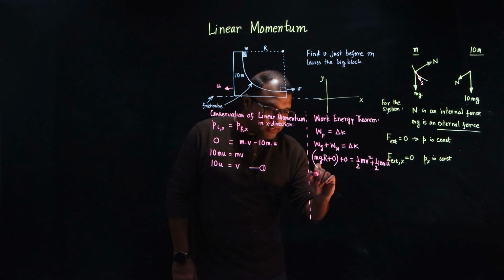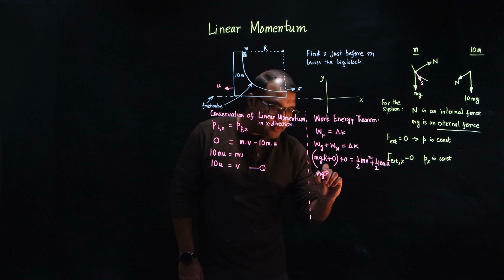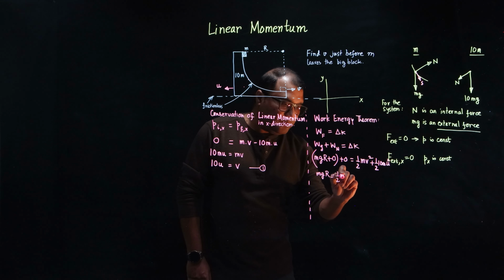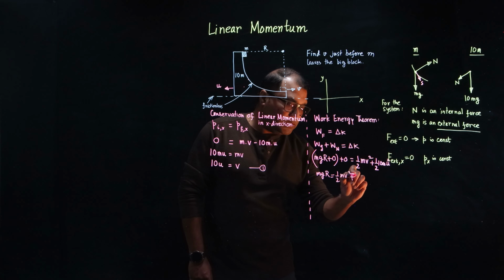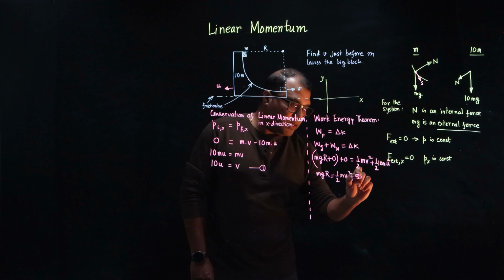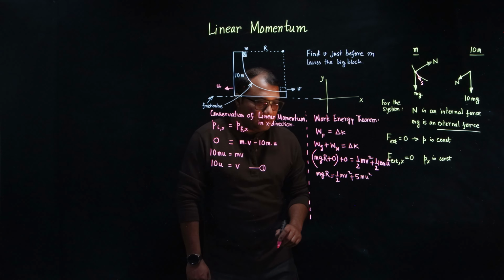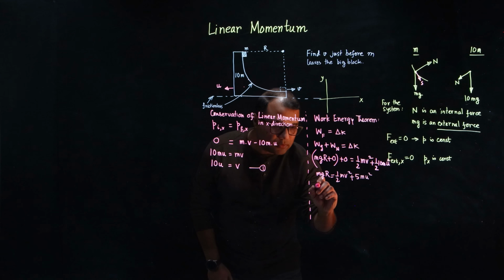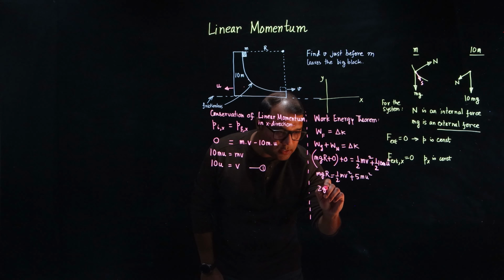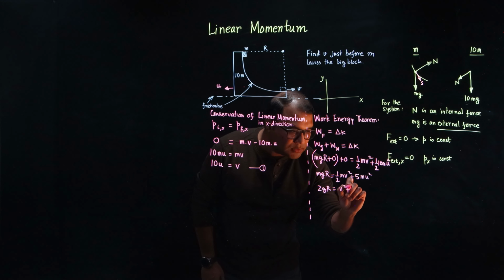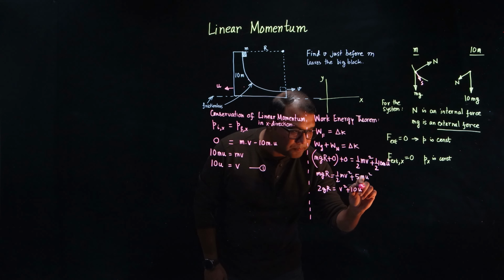So we can write mgr equals half mv squared plus 5mu squared. We can cancel out the m's. Let's say we write 2gr equals v squared plus 10u squared.